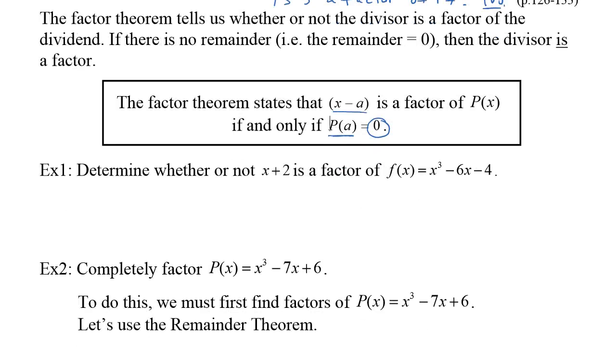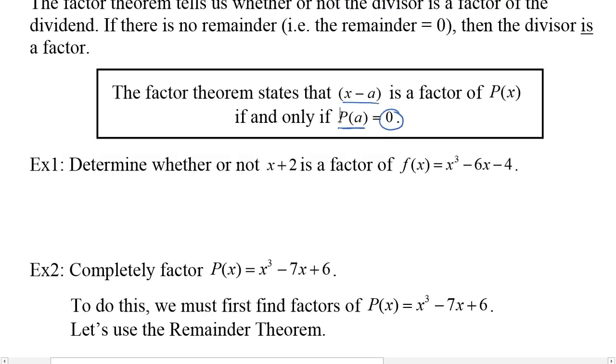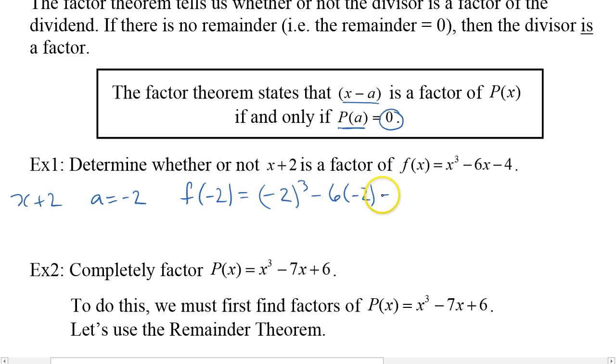Okay, so let's do an example. Determine whether or not x plus 2 is a factor of f of x equals x cubed minus 6x minus 4. If we're going to check if x plus 2 is a factor, then our a value will be -2, because it's in that x minus a format. So I'll plug in: f of -2 is equal to -2 cubed minus 6 times -2 minus 4.